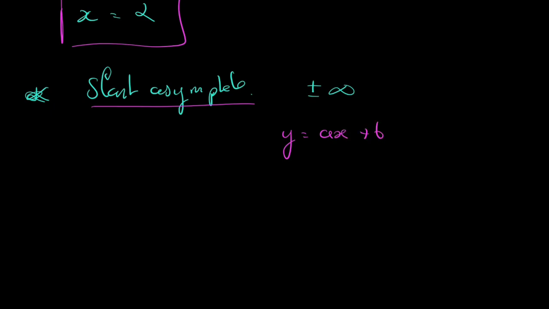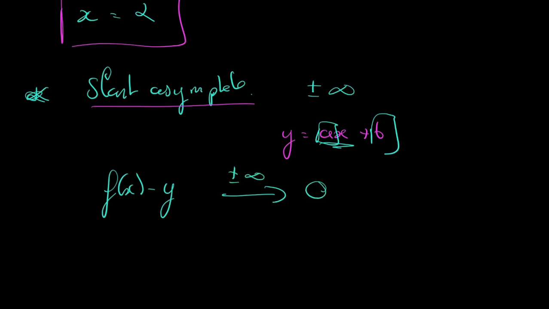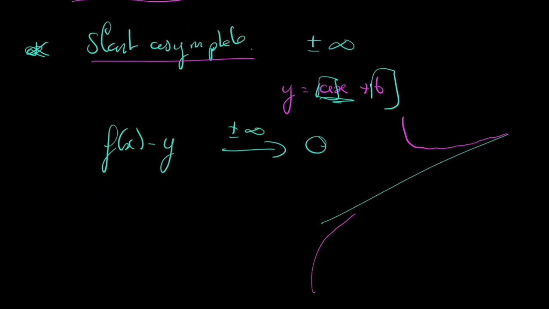That means that f of x minus y, with this equation, if we find the right coefficients, will tend to 0 in plus or minus the infinity, because we approach this line without ever reaching it.